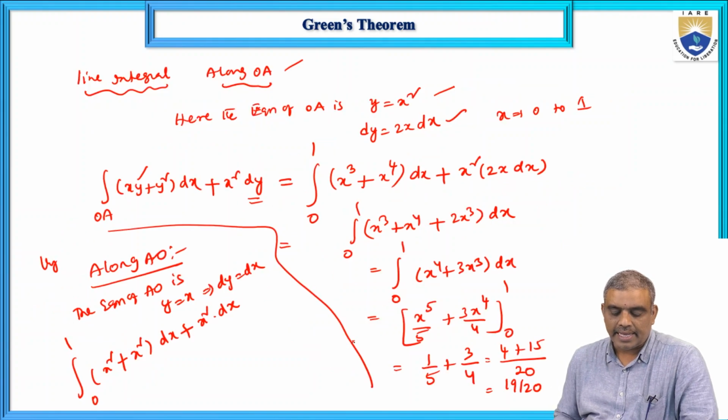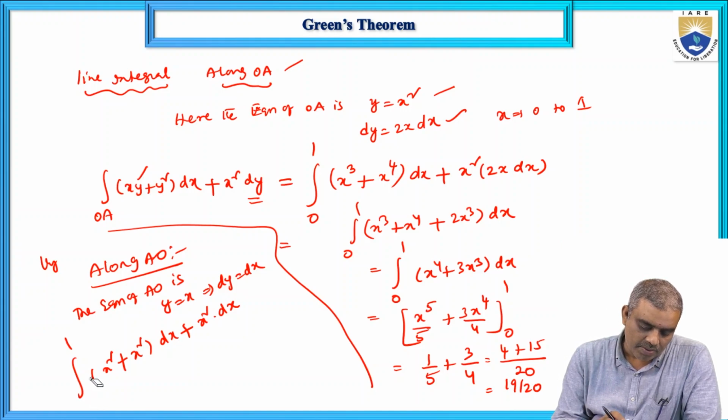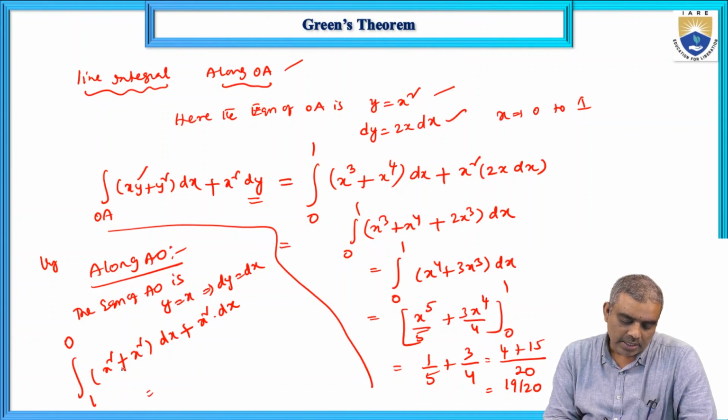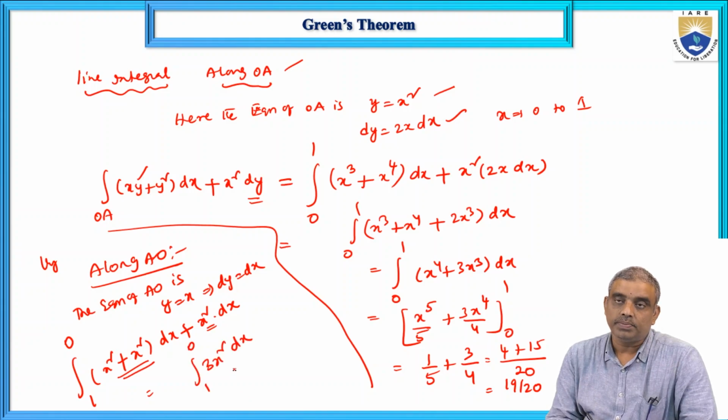Here we have to consider the direction also. The x limit varies from 1 to 0. That is also important, direction is important. So it is 2x square plus x square, 3x square dx between 1 and 0.